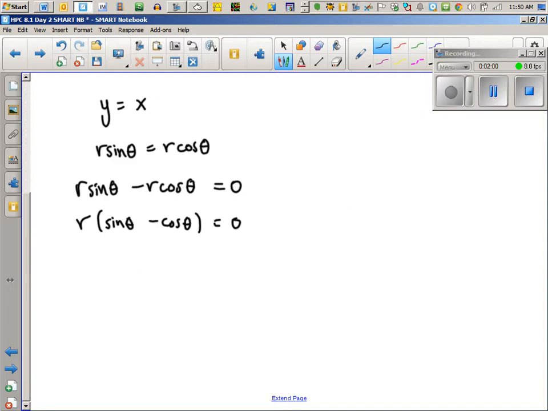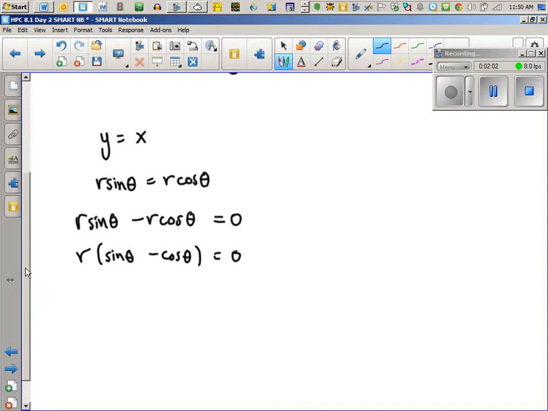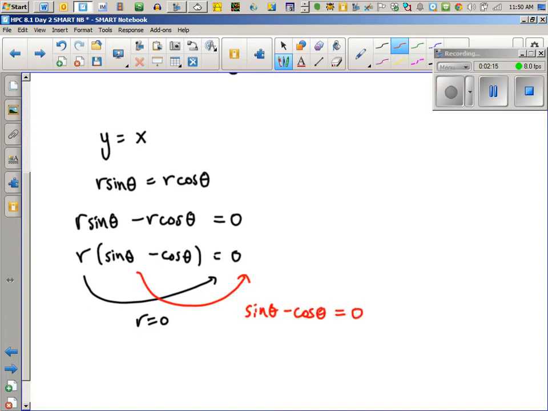Okay, I have basically a product equaling 0. So I'm going to interpret this to mean that either r is 0 or sine theta minus cosine theta is 0. One of these two statements is true, or maybe both of them.